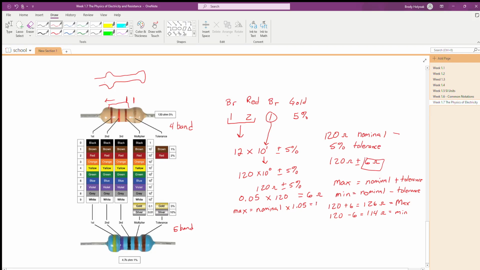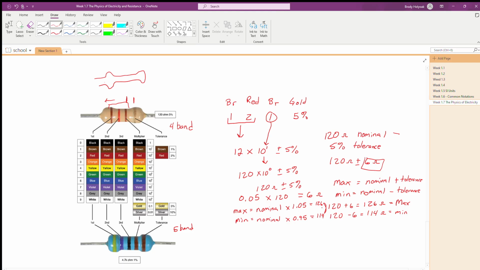That's going to give me my 126. My minimum, I take my nominal and I multiply it by 0.95. With 1.0 being 100, I go up 5% or down 5%, and that's going to give me my 114. So either way, there are my options to get my min and max.